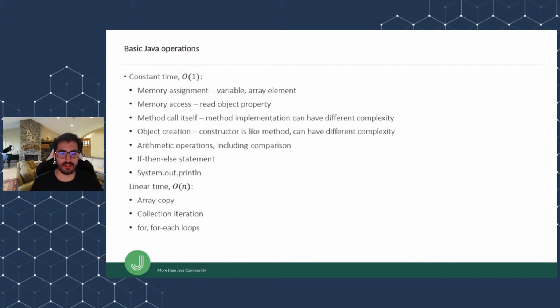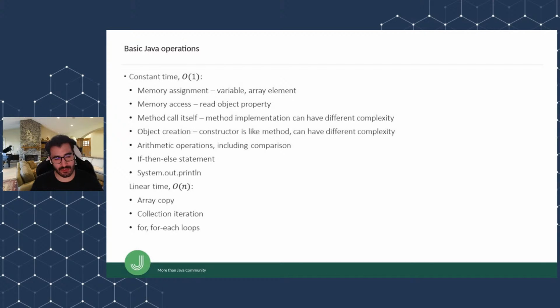And continuing on, we have simple examples of constant time and some linear time. For example, when talking about constant time, we had memory assignment, variables, array elements. Every time you're assigning something or declaring something, or when your code is accessing memory, calling a method, creating an object or constructor, an arithmetic operation, if-then-else statements, printing.